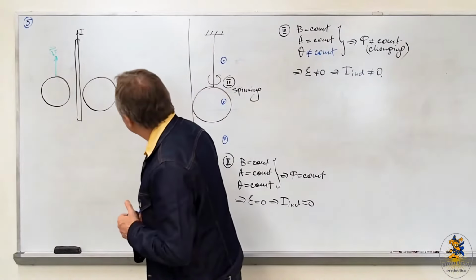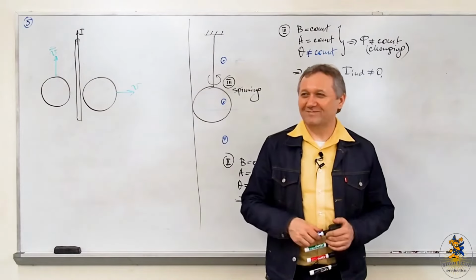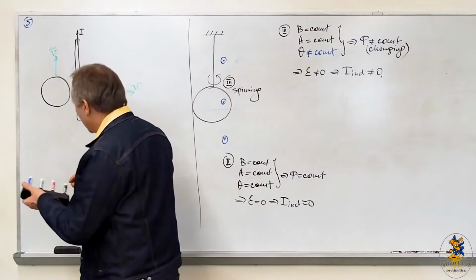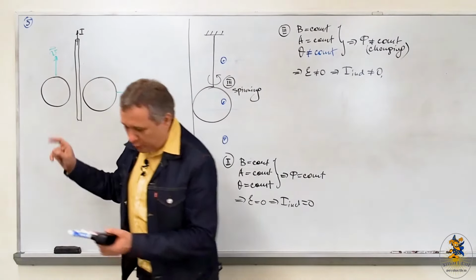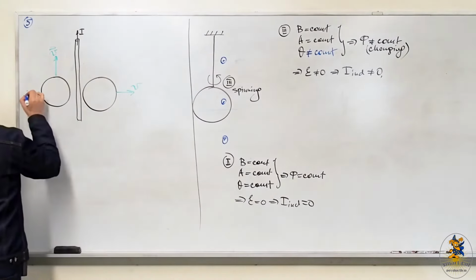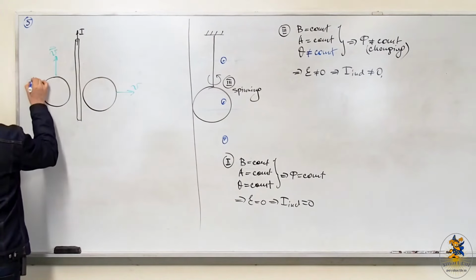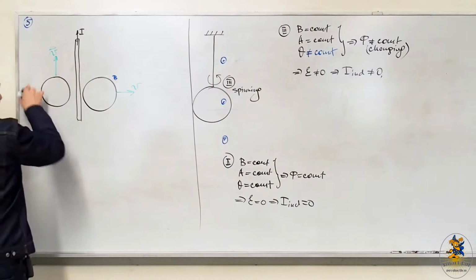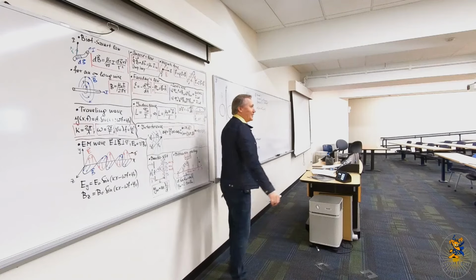I should have used a similar diameter. Probably I will label this loop A and this will be loop B. So this is case A and this will be case B. You understand why I immediately erased it?